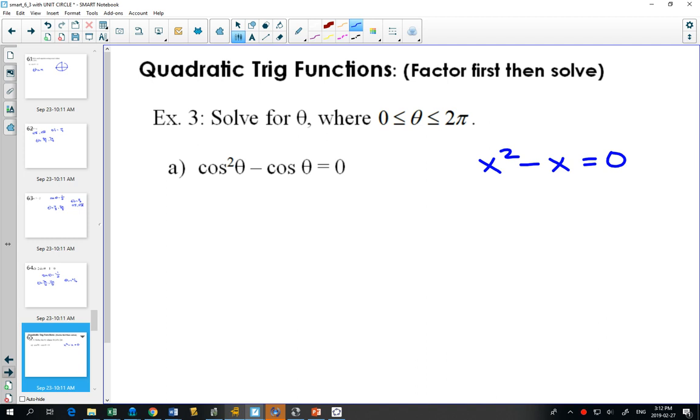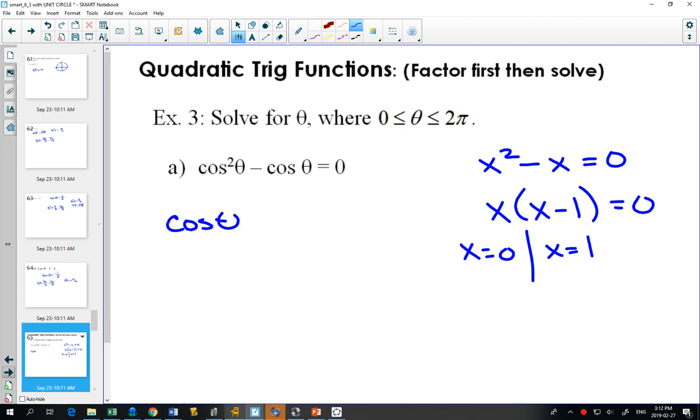How would you solve x squared minus x equals 0? Factor out a common factor. Split it up. Either x is 0 or x is 1. How do we solve it with cos? Factor out a common factor.